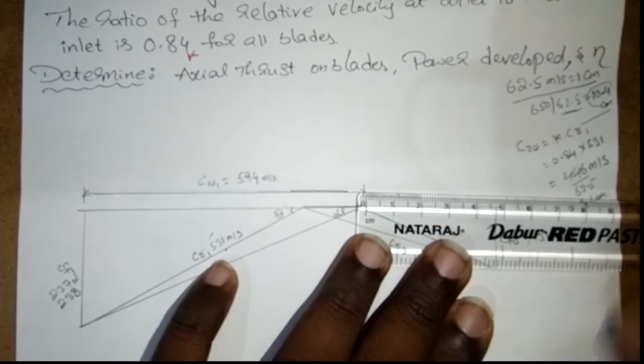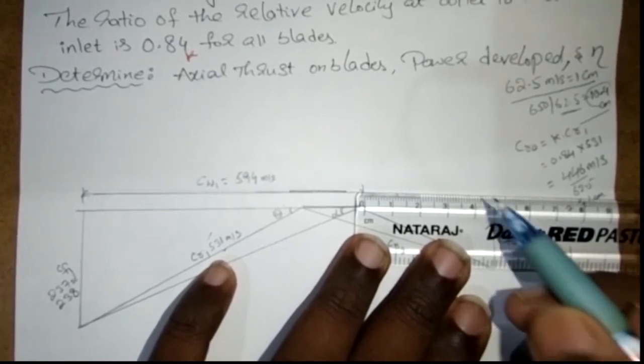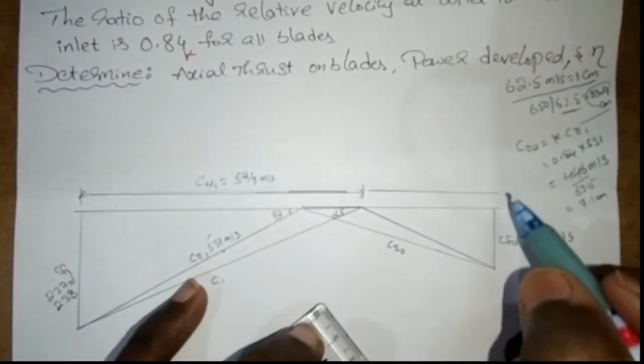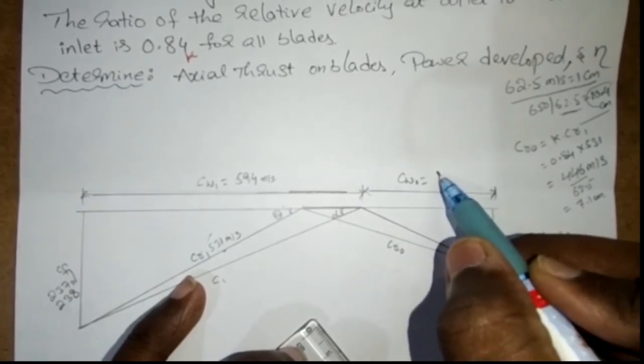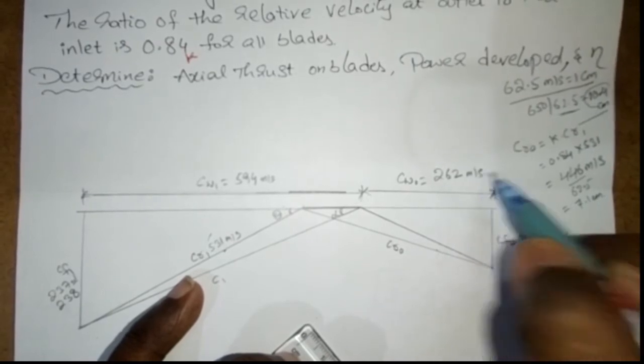Here this is CW0, 4.2 into 62.5, 262 meters per second.